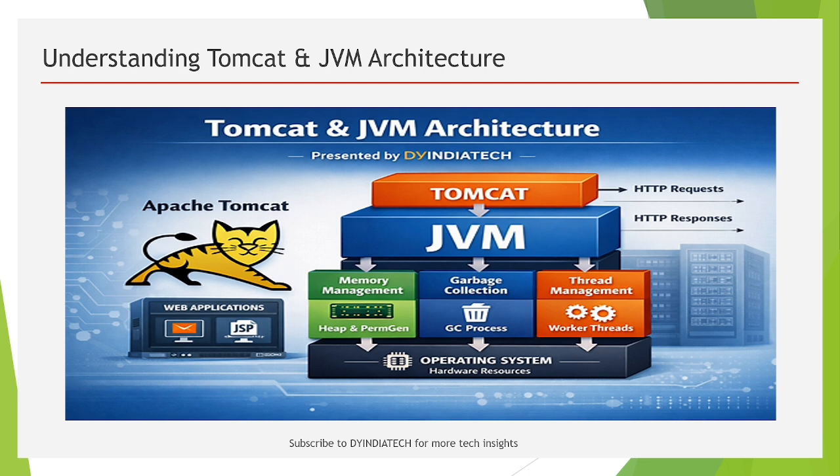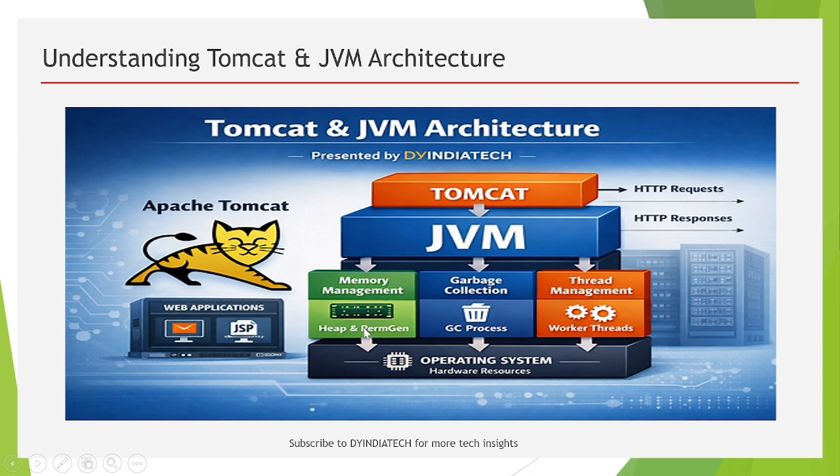Understanding Tomcat and JVM architecture. The JVM architecture looks like this. First of all, we have the web application, which is Apache Tomcat. On top of Tomcat is the HTTP request and response. Below, if you see, there is the JVM.